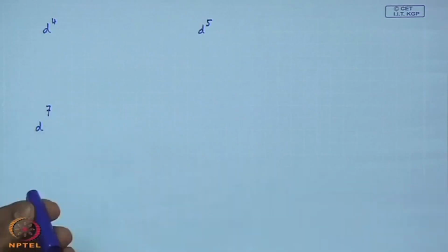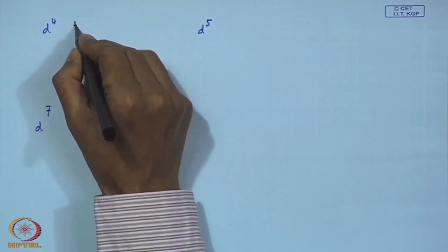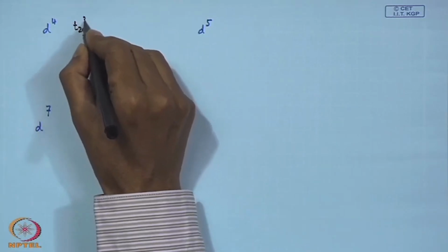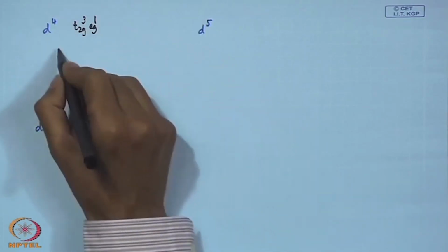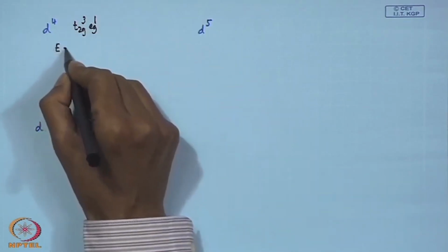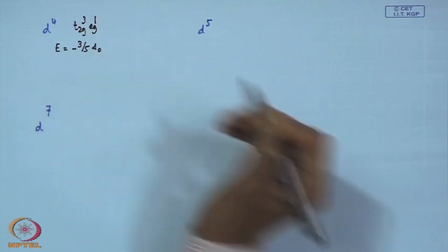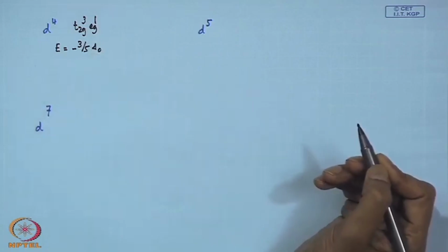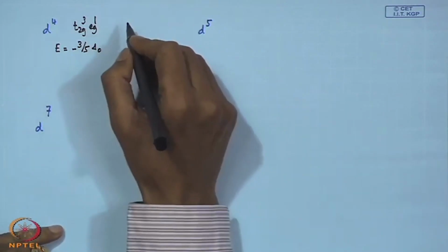For d4 we have the configurations t2g3 eg1, where E is equal to minus 3/5 delta O, and we don't have any pairing, so the P term is not there.